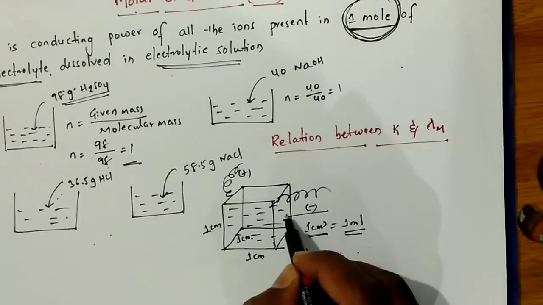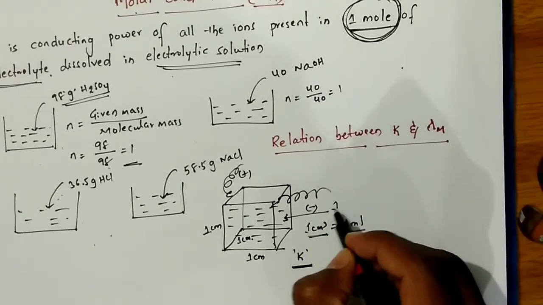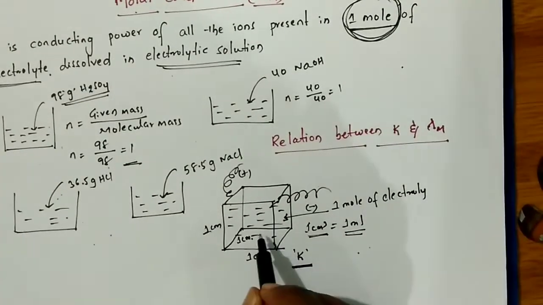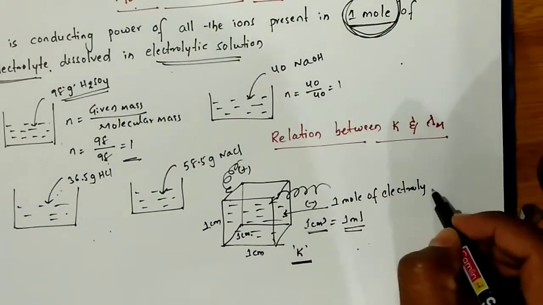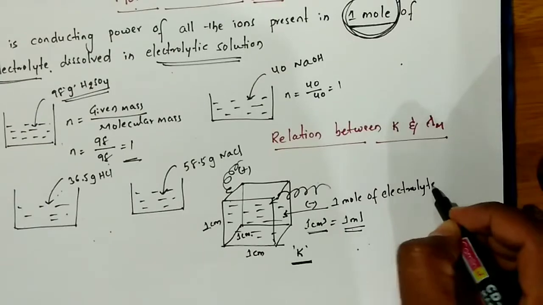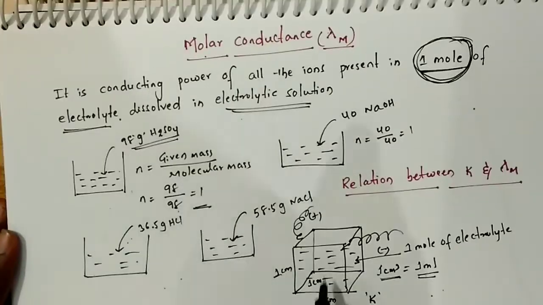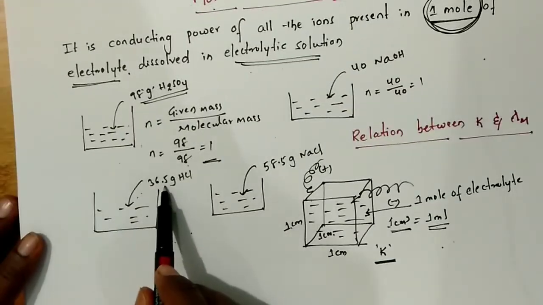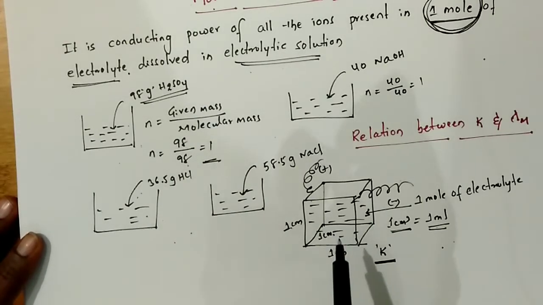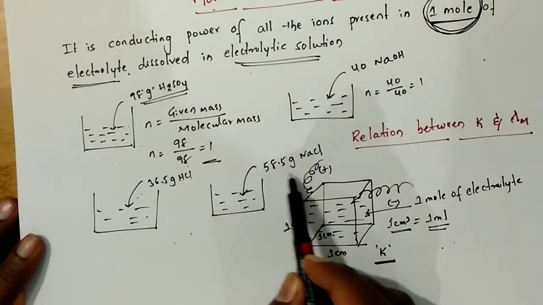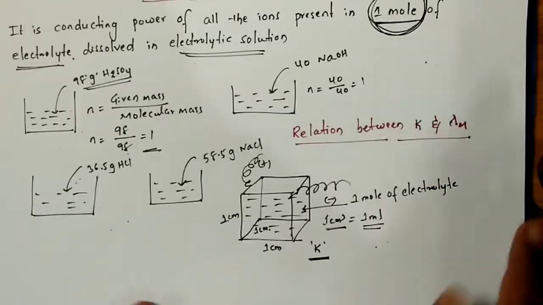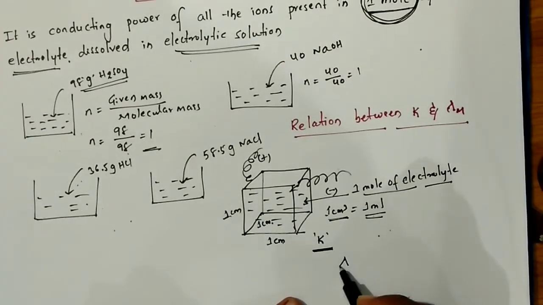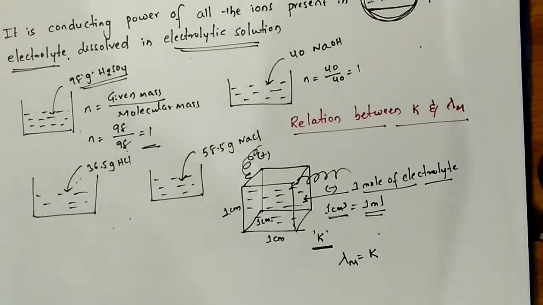If this 1 ml electrolytic solution has 1 mole of electrolyte, for example, suppose it has 98 grams of H2SO4 or 40 grams of sodium hydroxide or 36.5 grams of HCl or 58.5 grams of NaCl, whatever, then molar conductance is equal to specific conductance.